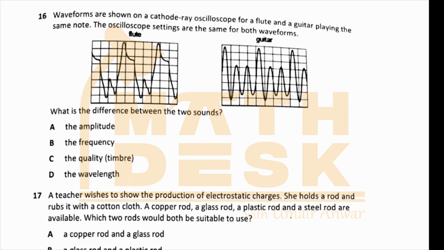The next part says waveforms are shown on a cathode ray oscilloscope for a flute and a guitar playing the same note. The oscilloscope settings are the same for both waveforms. So this is the waveform for the flute and this is for the guitar. What is the difference between the two sounds?